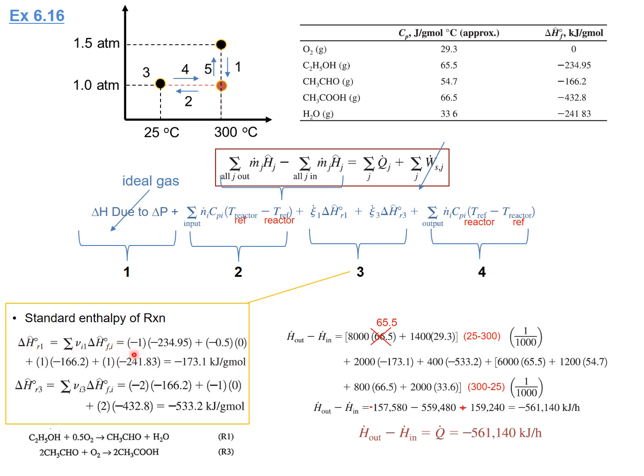So minus 1 for the ethyl alcohol with its formation energy at the standard state, and then let's go to the second, the oxygen. So minus 0.5 stoichiometric coefficient, and its formation energy is 0 because O2 is the basic element in its natural state.